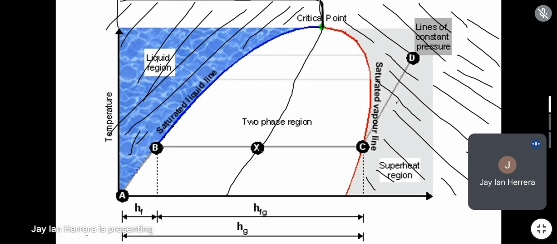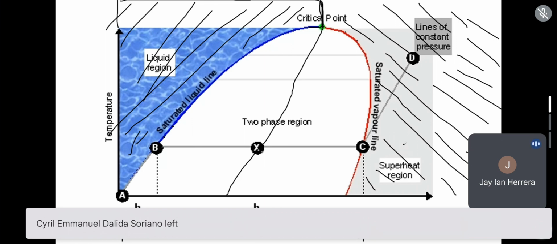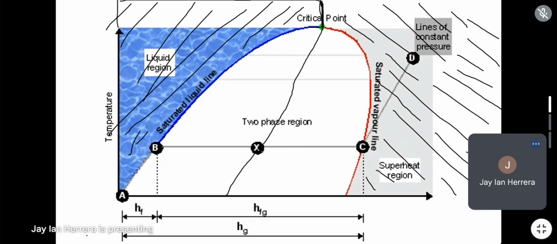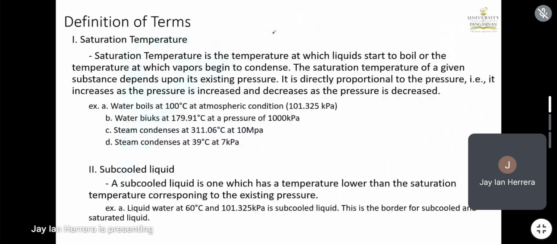So pag pinainit mo pa yung vapor, 0% moisture yun or wala nang tubig sa vapor, then pinainit mo pa, and that is where the superheated steam occurs. Superheated steam. Kung hindi na siya vapor, technically that is steam na. Mas mainit sa vapor.